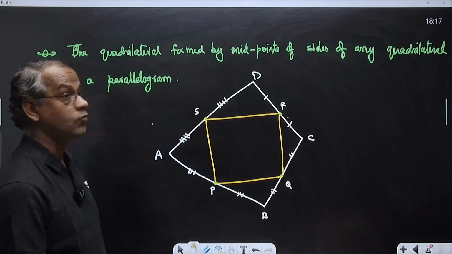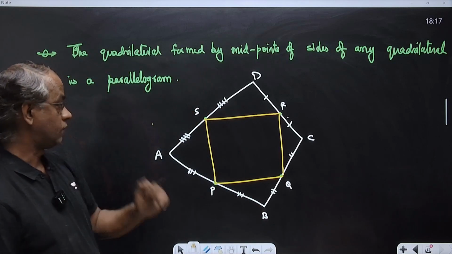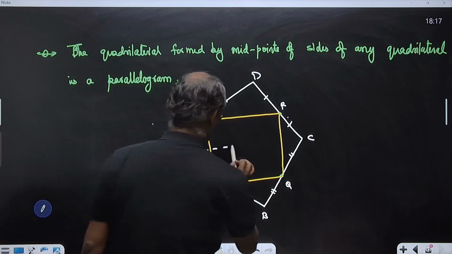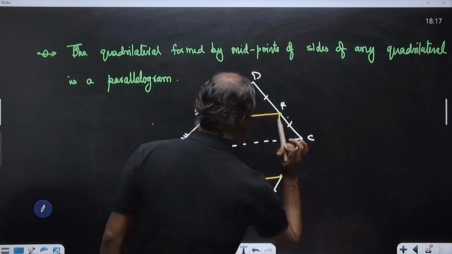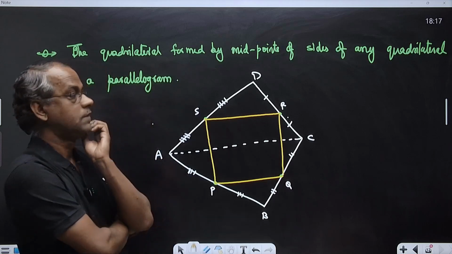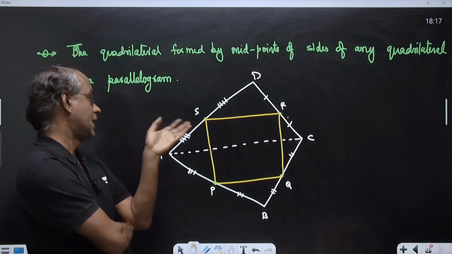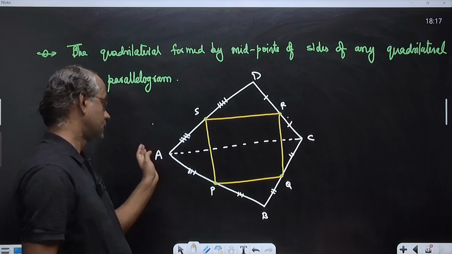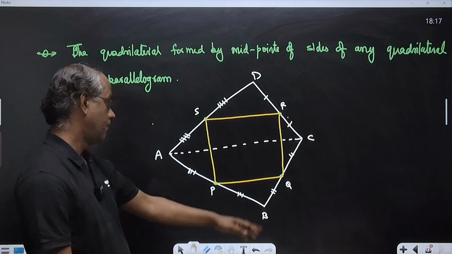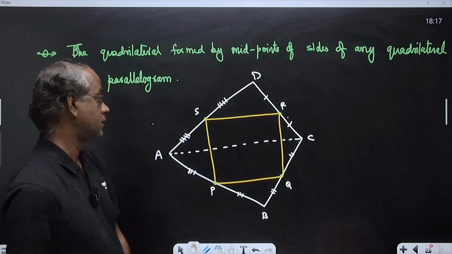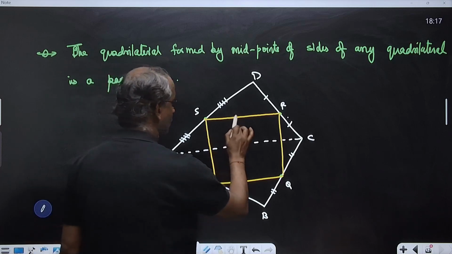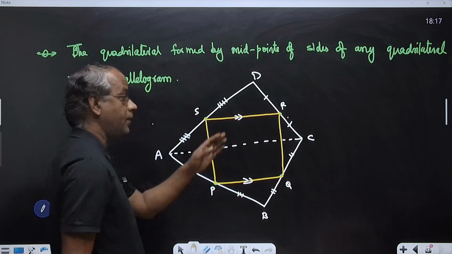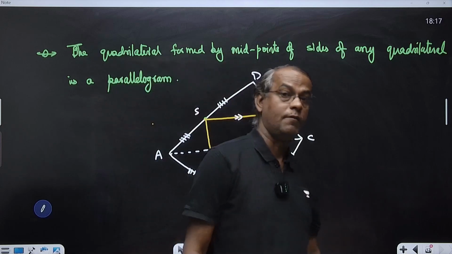So we have to say PQRS is a parallelogram. What we can say is that SR is half of AC and PQ is also half of AC. SR is parallel to AC and so is PQ. So one pair of sides are equal and parallel.